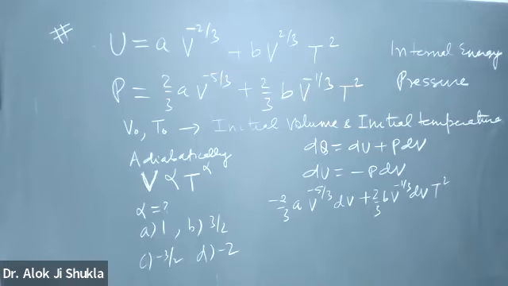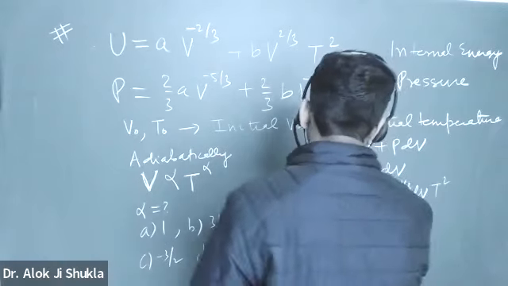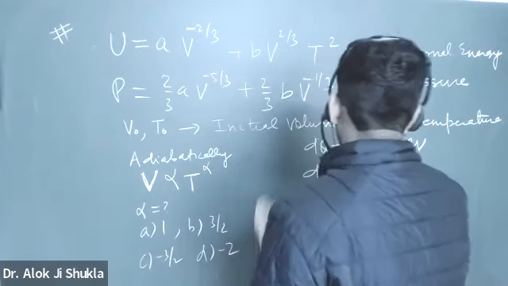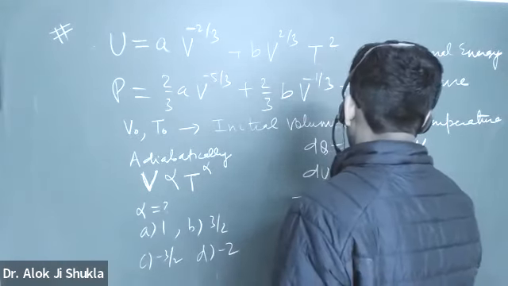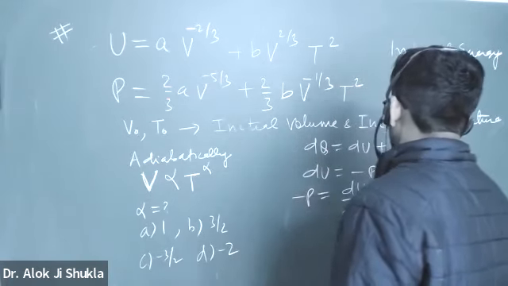So basically du by dv will be minus p. Are you getting it? If you want me to write it like this, I can. Minus p is equal to du by dv.